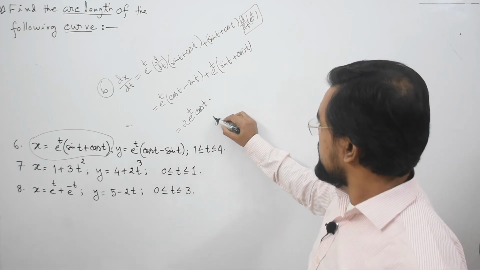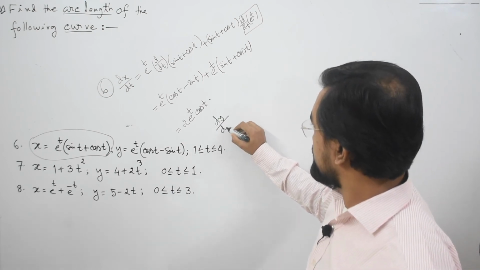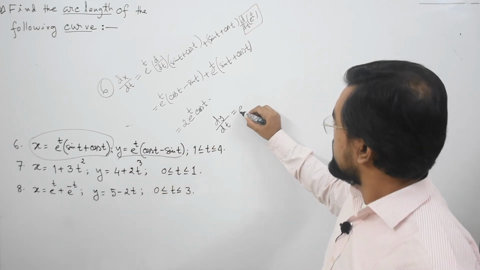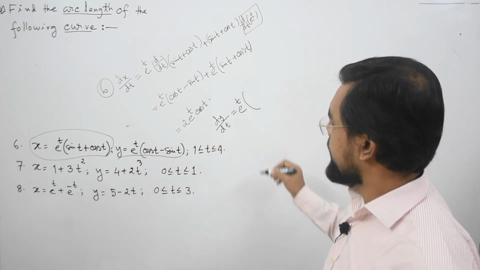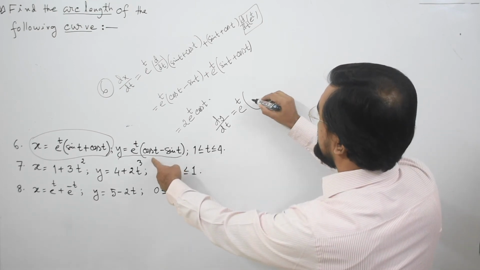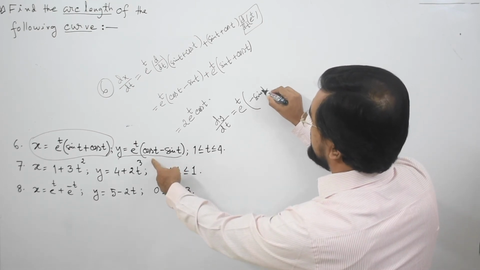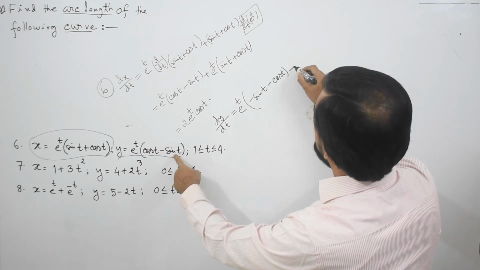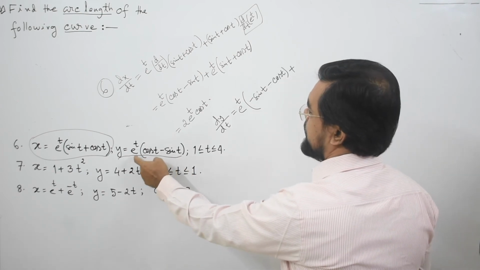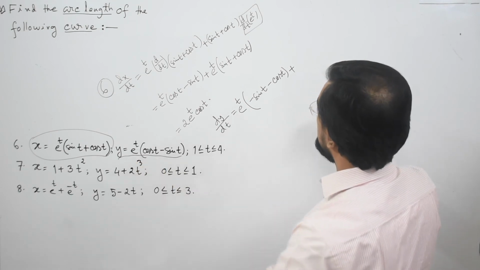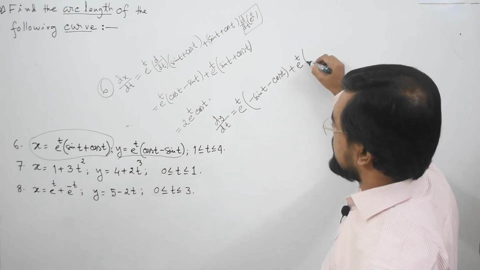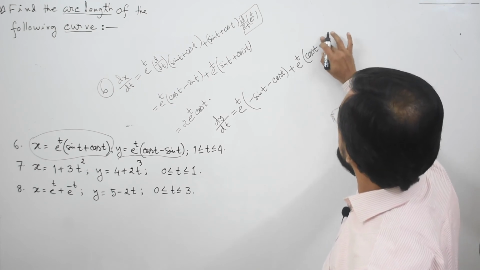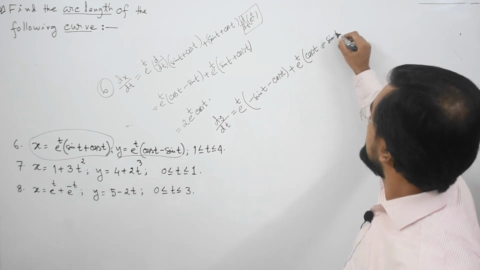And similarly we can again calculate dy/dt from here. So it will be e to the power t times the derivative of cosine t, minus sin t, minus the derivative of sin t, cosine t, plus this one, because e to the power t derivative of e to the power t is exactly the same, minus sin t.